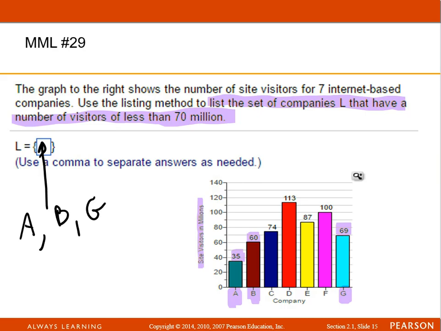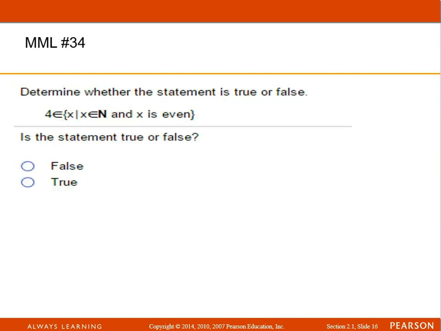And that brings me to my last problem, which says, determine whether the statement is true or false. Okay. It's another element. They want to know, is 4 an element of the set of X, right? Here's our set.